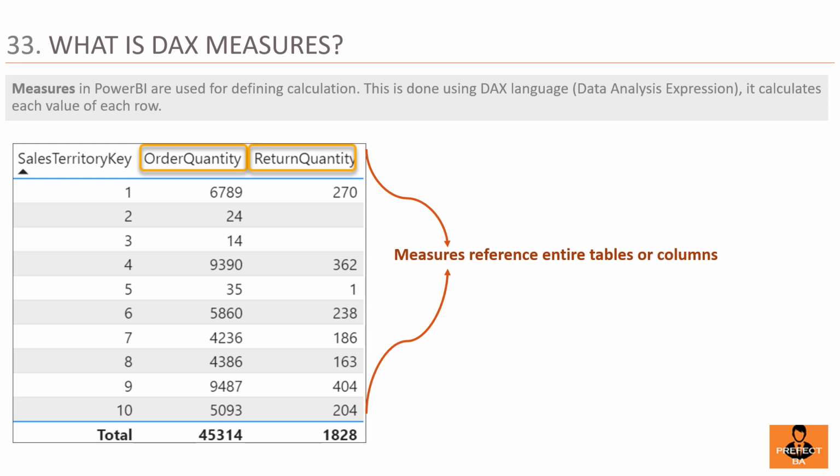In the example above, order quantity and return quantity are measures in the territory table. These are the quantitative values which are calculated based on the operation or the filter applied by the analyst. Also, measure values are not visible within tables. They can only be seen in the visualization like a chart or matrix or a table.